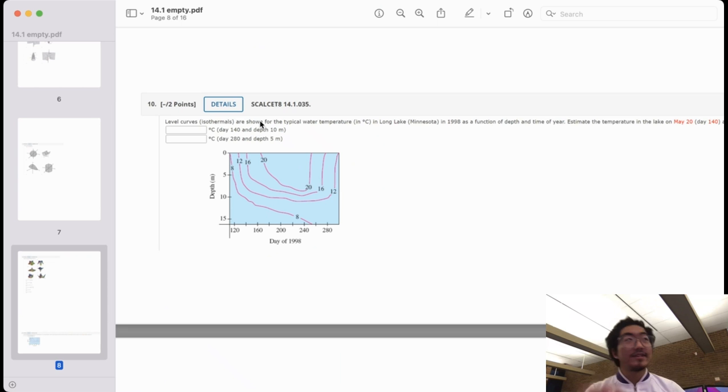Level curves are like the contour map that we use in math or in atmospheric science to read weather, temperature, and elevations.